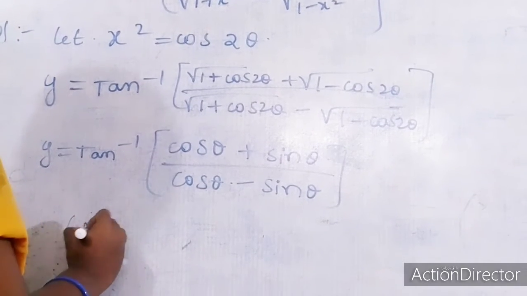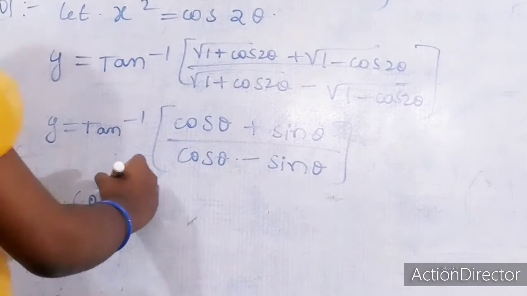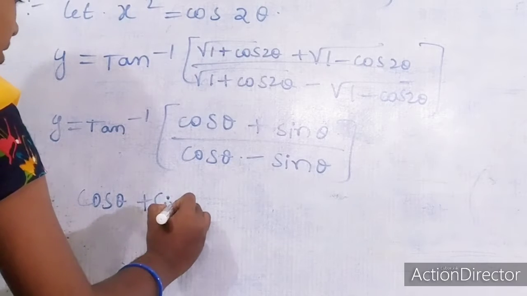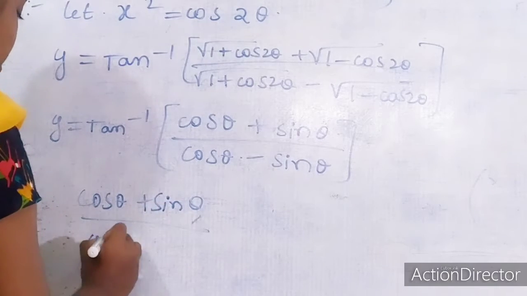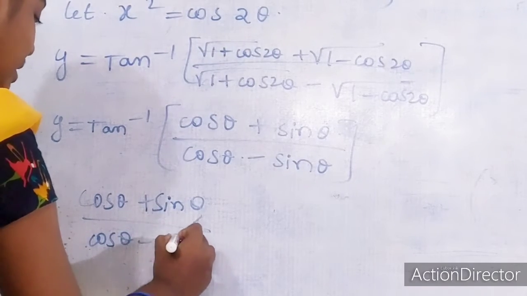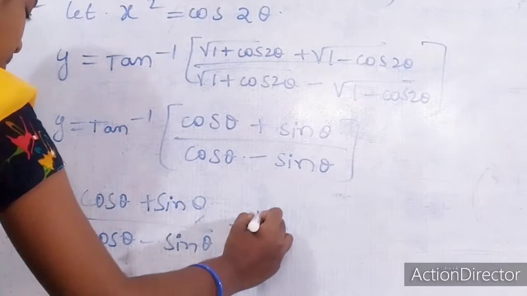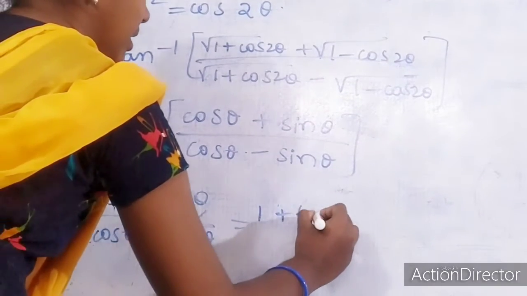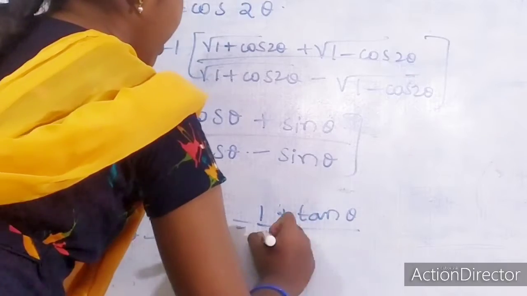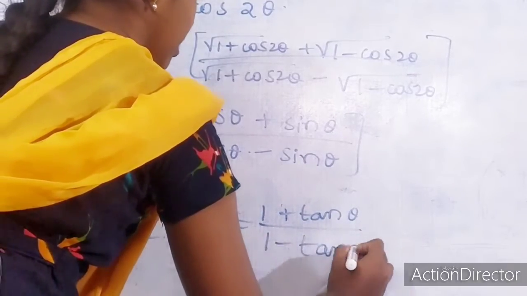In trigonometry, we have one formula: cos theta plus sin theta divided by cos theta minus sin theta is equal to 1 plus tan theta divided by 1 minus tan theta.